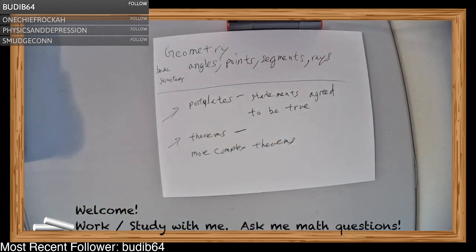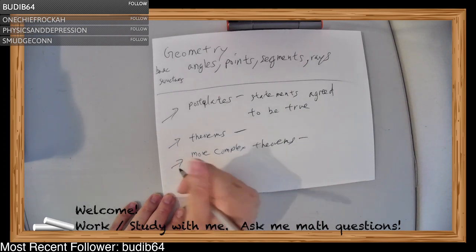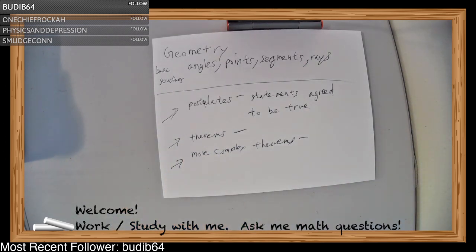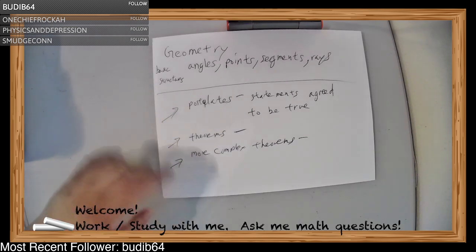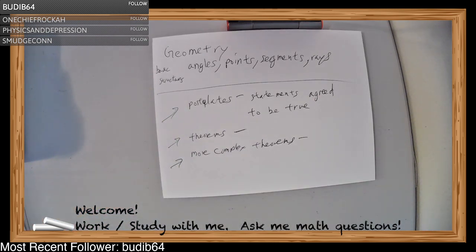Okay, so that's the logic. The logic starts with postulates and then levels of theorems. I think that's a good way to put it. Floors of theorems.